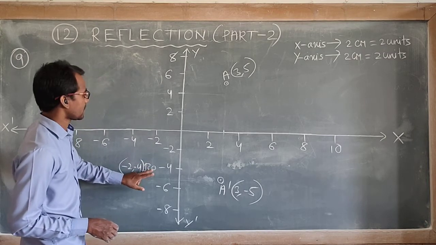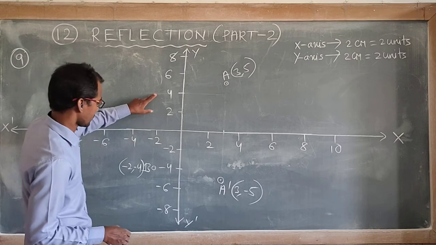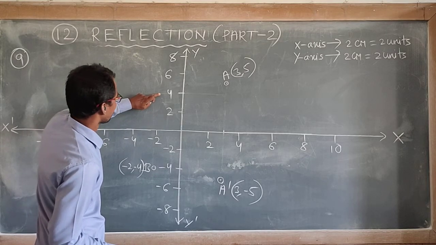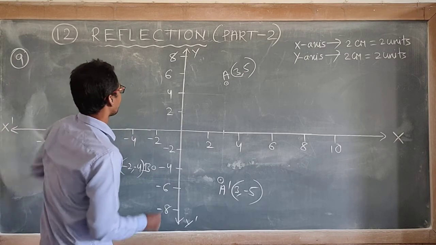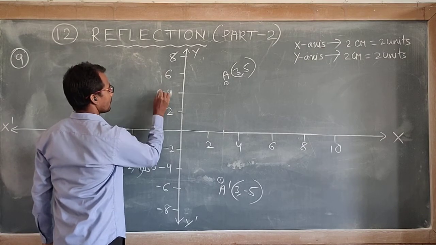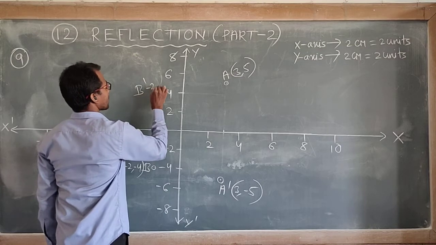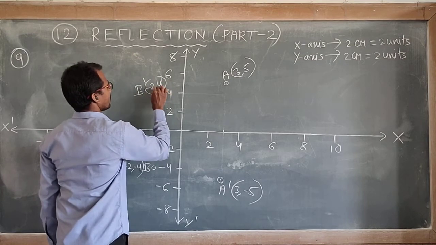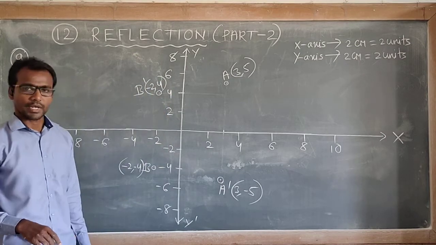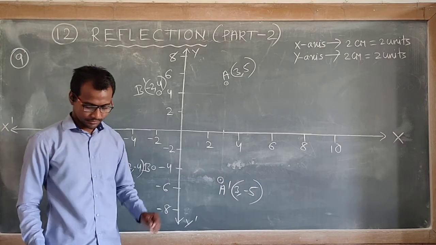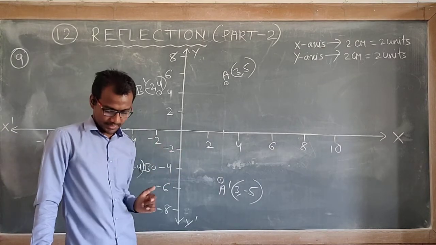This is the object. Its image will be formed here, in the second quadrant. So it will become -2, 4. This is B dash, -2, 4. This is the image of B.